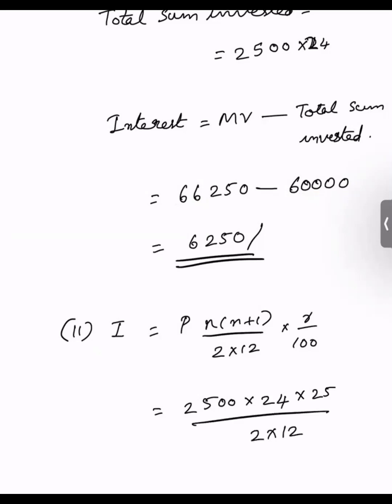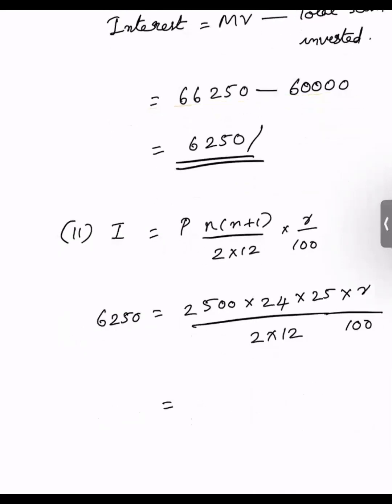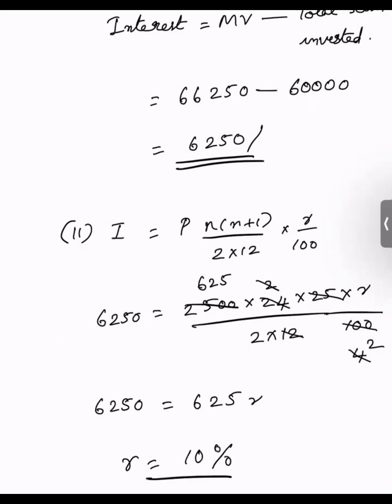By the way, R is what we don't know, by 100. What is the interest? We know it is 6,250. Now calculate, cancel out whatever is possible and get the answer. I'm getting 6,250 and 625 R. So what is R? R is 10%. That's it.